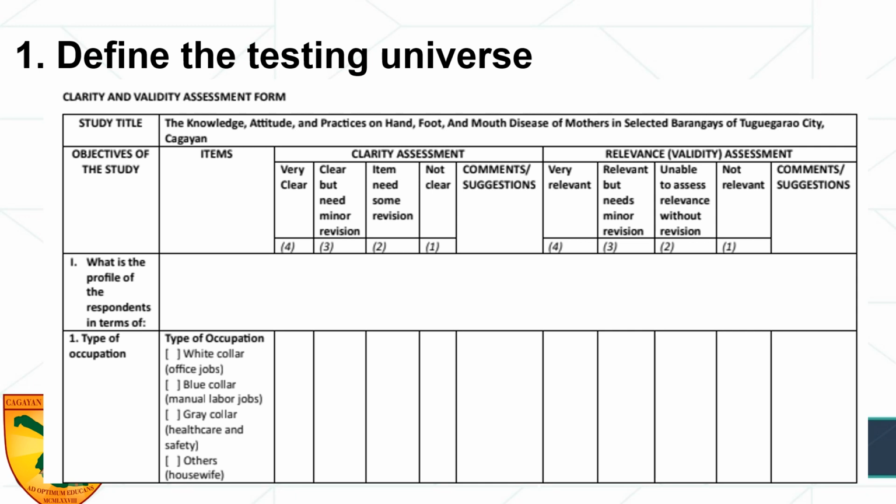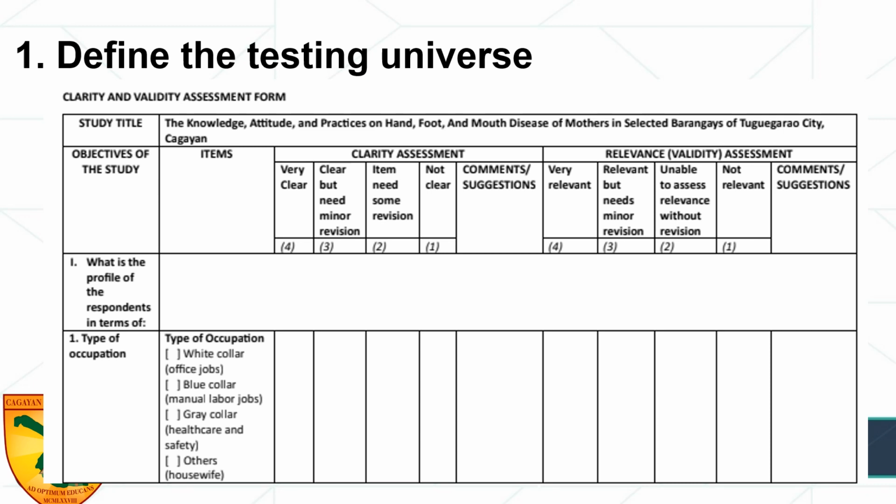In here, we especially put the objectives of the study, the questions that we are to measure. So for example, in this tool, what is the profile? Then the following items would be here, and then we have a clarity assessment and the validity or relevance assessment.